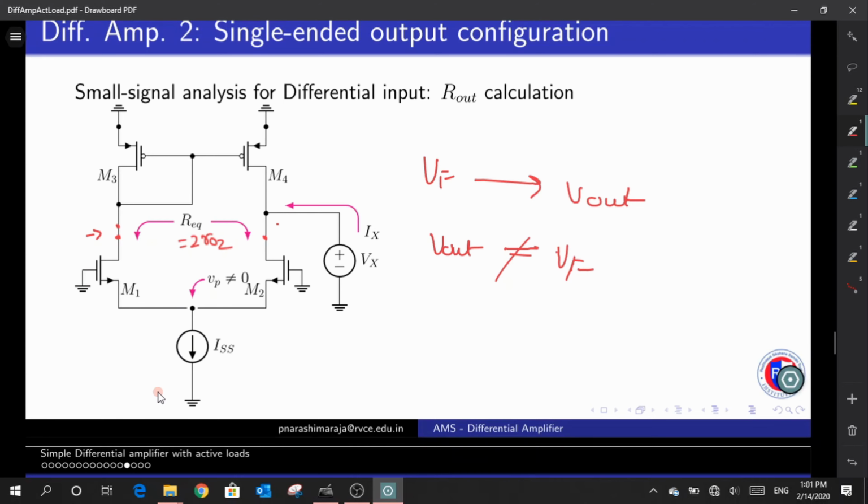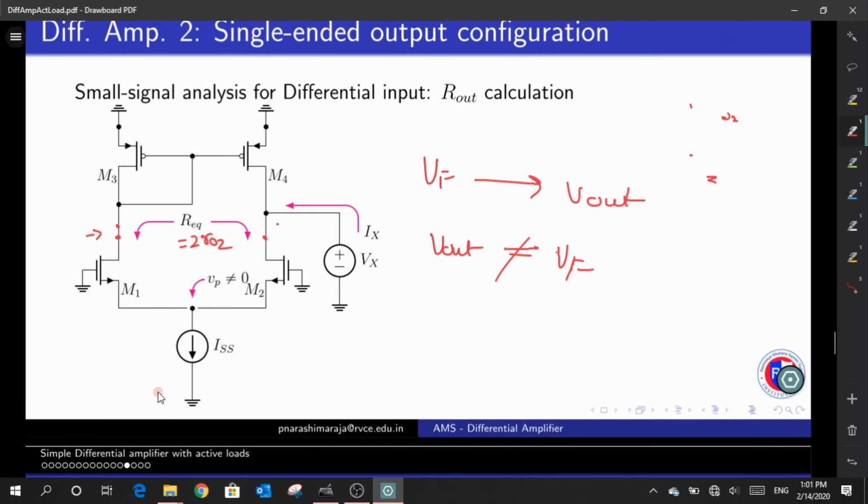Am I right? So you see, if I have a resistor, this is 2RO2. Whatever the current that flows will come here. Whether this node is directly connected to the ground or connected through a resistance doesn't matter for me. This resistance is always equal to twice the value of RO2, is what I'm arguing. So I'm just going to apply that condition.